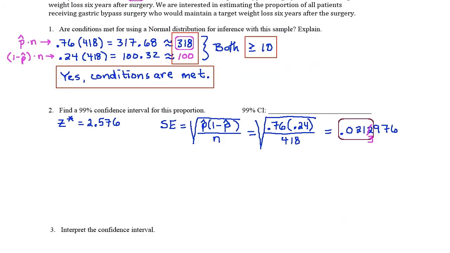And now my margin of error is equal to z star times the standard error, which is 2.576 multiplied by 0.0213.